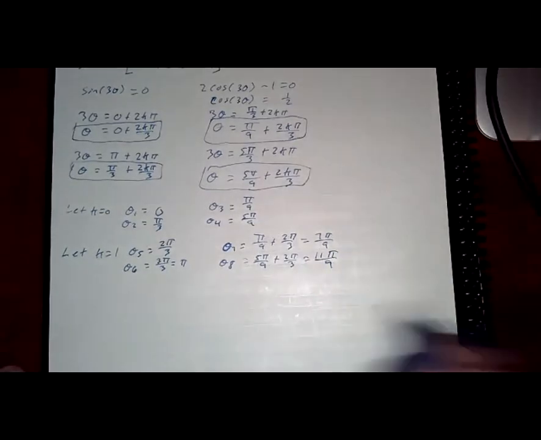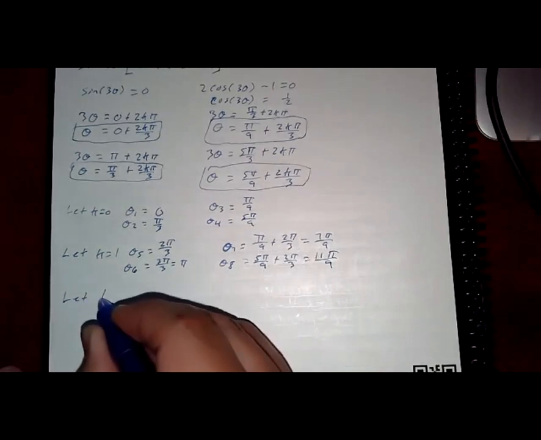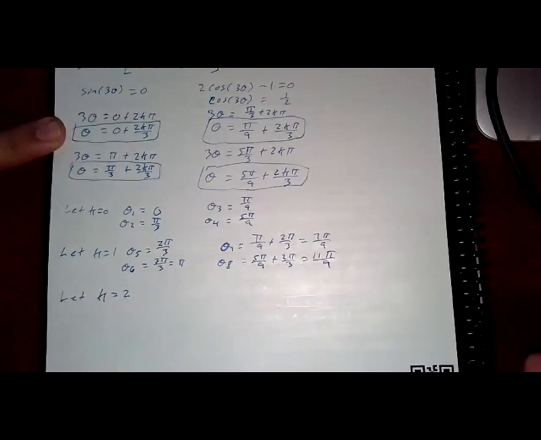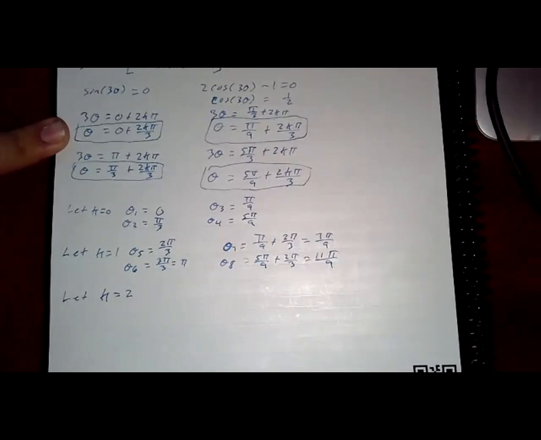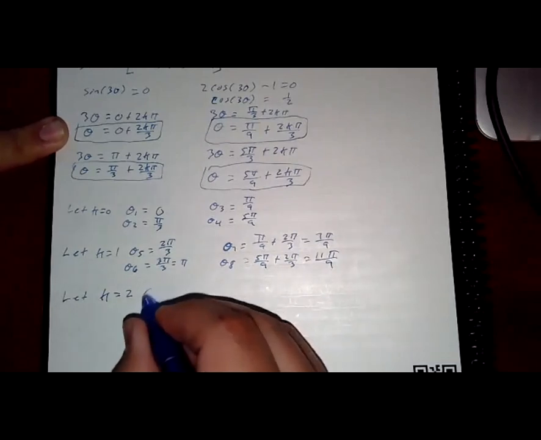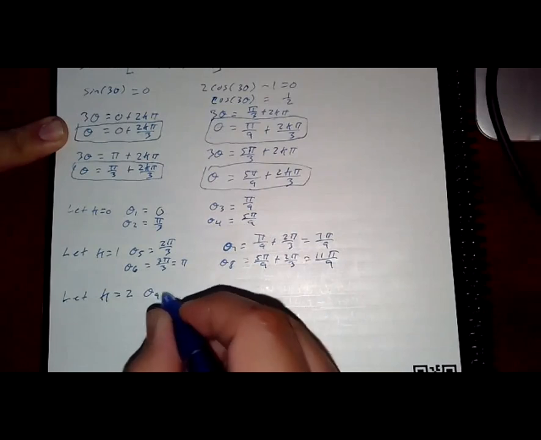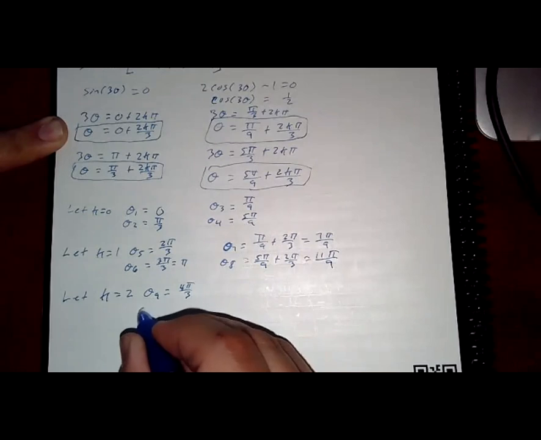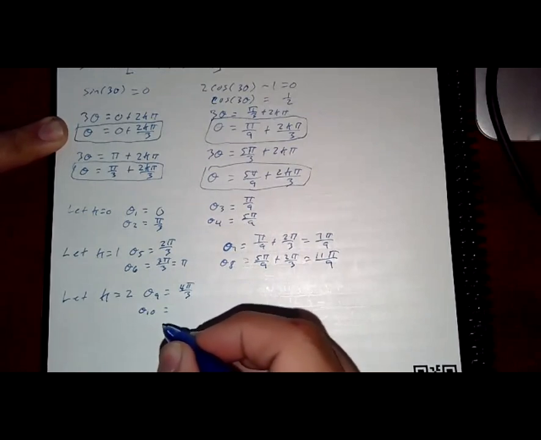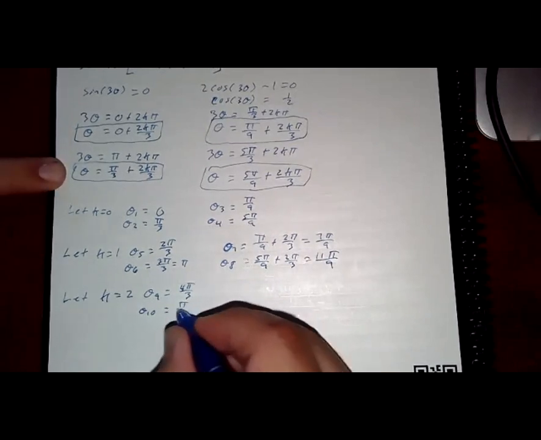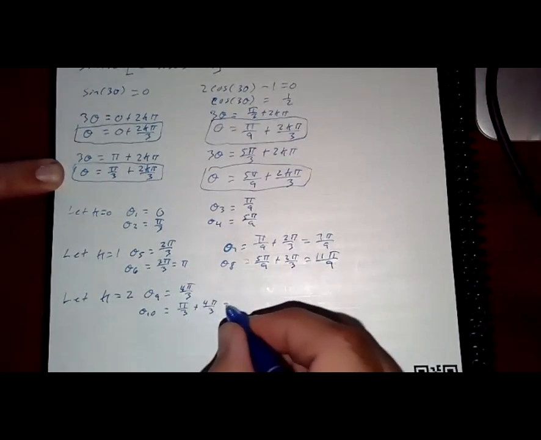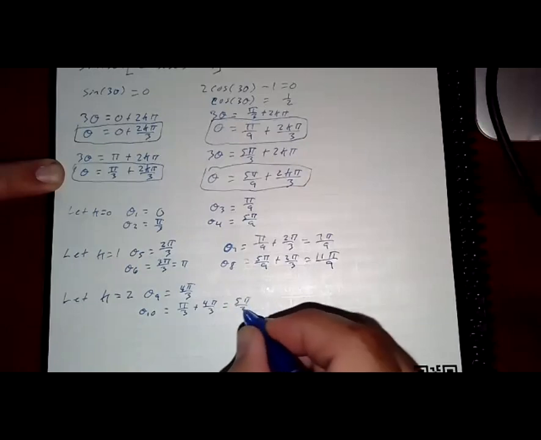All right. Now let's do k equal to 2. So go back to this guy. Let k be 2, that will be 4 pi thirds plus 0. So the first one, theta 9, is 4 pi thirds. Theta 10 will be pi thirds plus 4 pi thirds, which is 5 pi thirds.